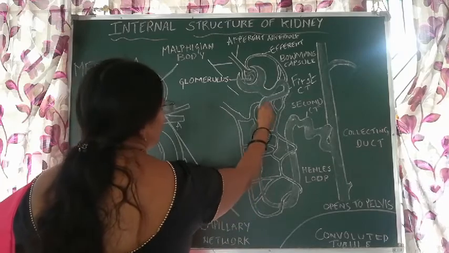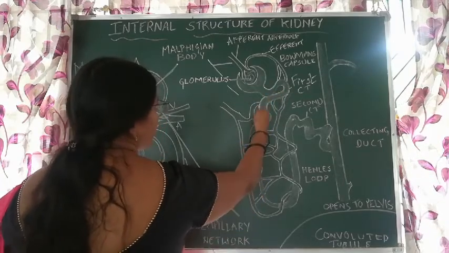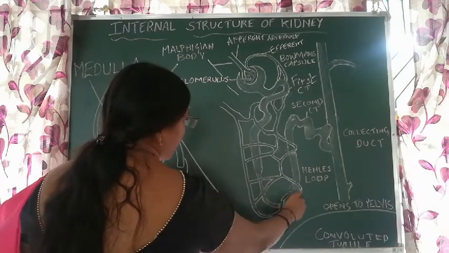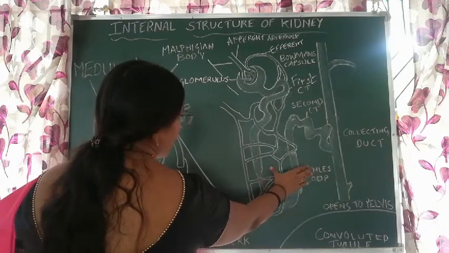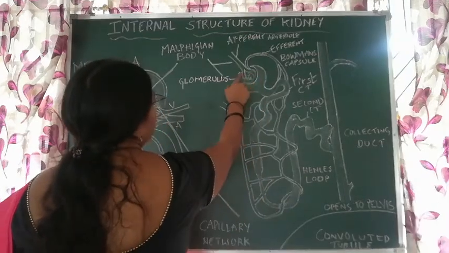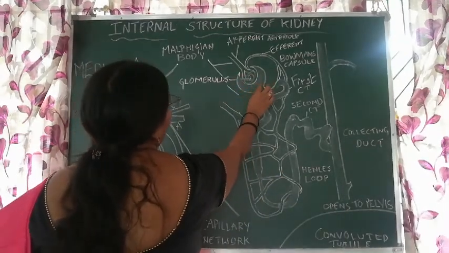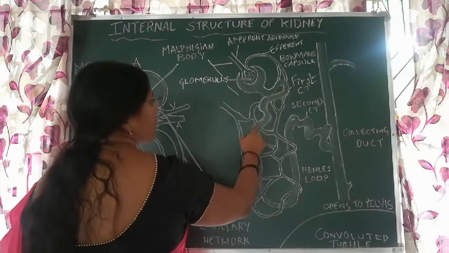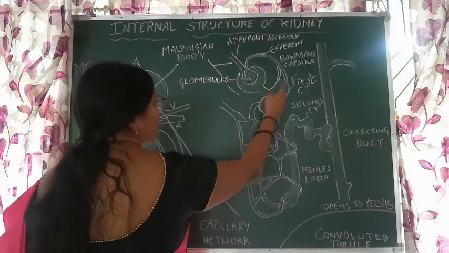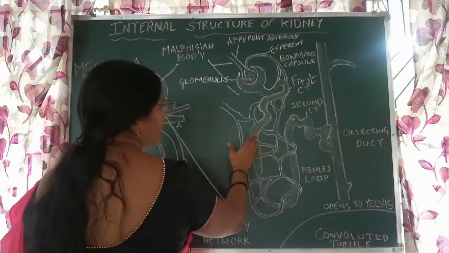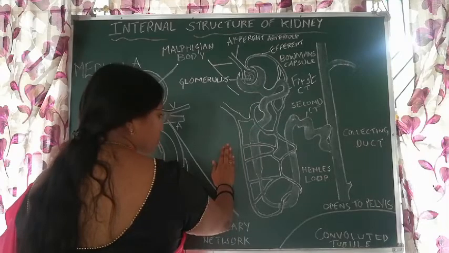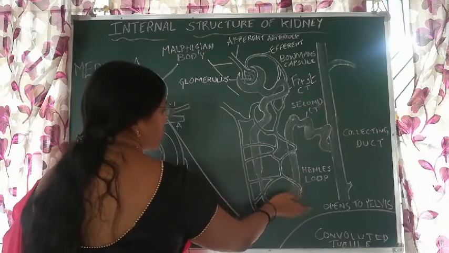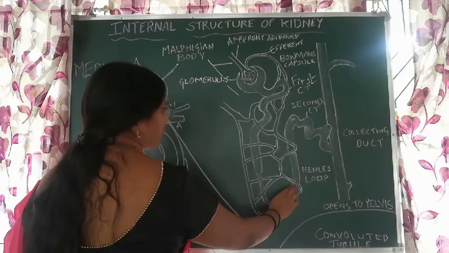This whole thing is the proximal convoluted tubule, the starting of the tubule, and here it takes a U-turn or a loop. This part is Henle's loop. Here the blood got filtered, and the thing present is primary urine or glomerular filtrate. It has entered the proximal convoluted tubule, where tubular reabsorption took place and 75% of water is reabsorbed. Now it has entered Henle's loop.